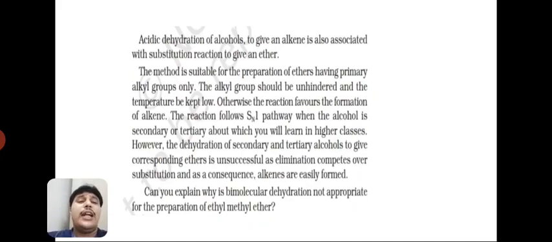However, the dehydration of secondary and tertiary alcohol to give the corresponding ether is unsuccessful as elimination competes over substitution, and as a consequence alkenes are easily formed, right? So finally we get the idea that this is especially for ethers having primary alkyl groups. For secondary and tertiary it is not used.